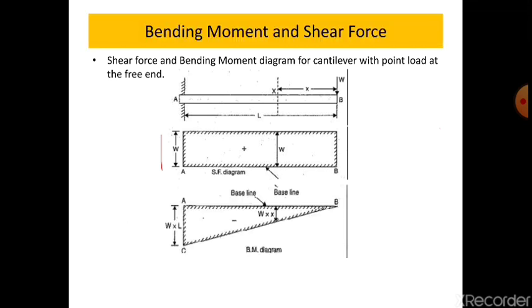Next is your bending moment, which is W into L. Those are the formulas you have to remember, whatever I am telling now as we calculate shear force and bending moment, that is W, WL. I will make a chart and show you at the last how it is for different cases.